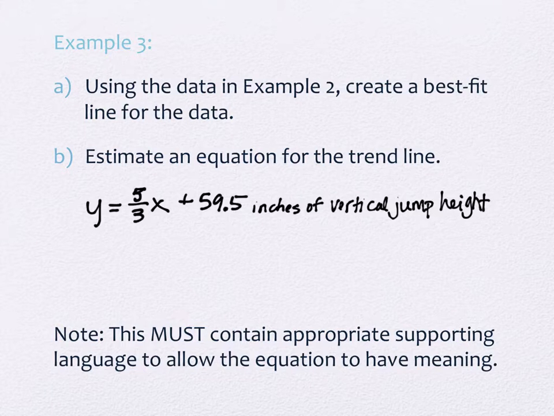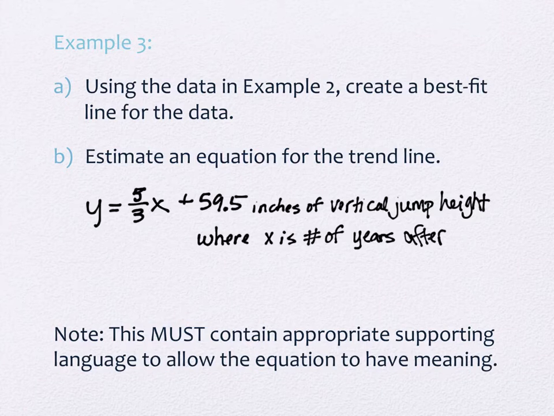And then you have to describe what you're letting your input be. And that's what we were messing around with on my axis. So it's where x is the number, that's a number sign, not a hashtag, number of years after, or you can use the word since, after 2000.